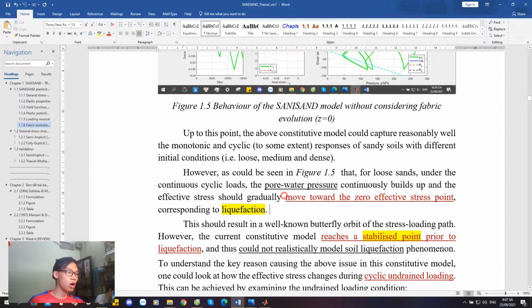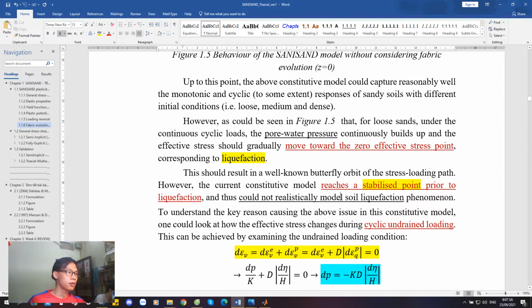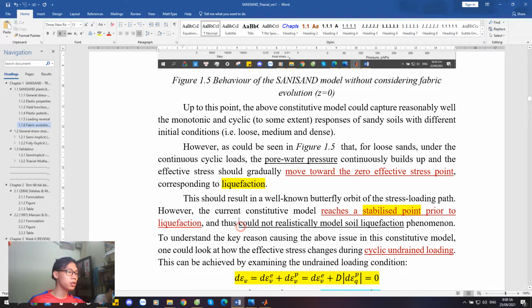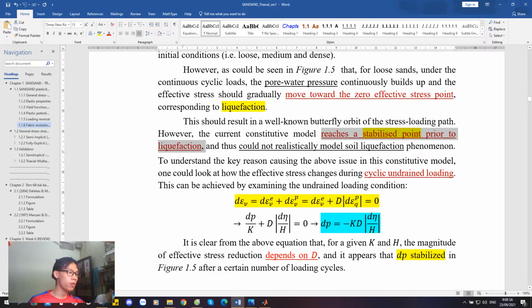It has to move toward the zero effective stress point. If it's not like this picture, it means it could not really model liquefaction in cyclic loading, because it reaches a stabilized point pre-liquefaction. So we have to fix it.